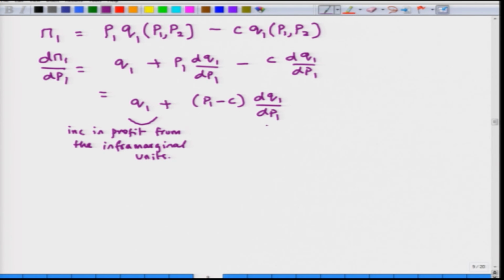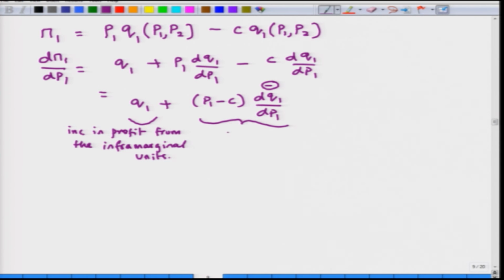The second term is actually negative because dQ1 dP1 is negative, because the demand curve is downward sloping. This term essentially tells us what is the reduction in profit from the lost sales, right. So, when P1 increases, the quantity demanded of good 1 falls, and for each one of those units the margin was P1 minus C, but because those units are not sold, I have lost an equivalent amount of (P1 minus C) times dQ1 dP1.